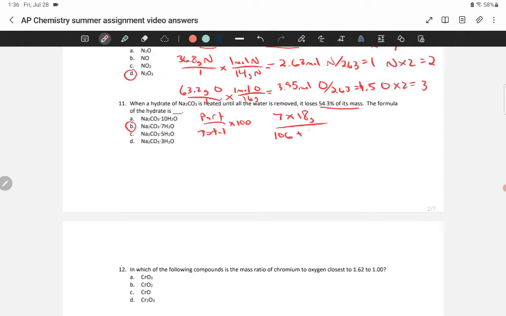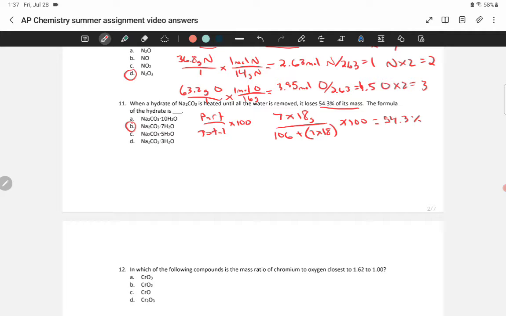And then we're going to add that to the water mass. And then to get into percentile, it's times 100. So when I do that math, 7 times 18 on top, and the bottom, and divide those 2 terms, I will get 54.3%. The rest of these answers, A, C, and D, won't come out to be that.